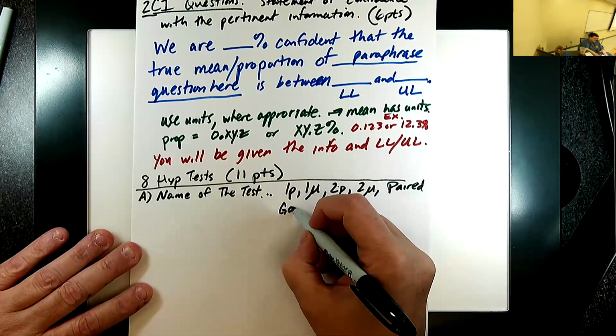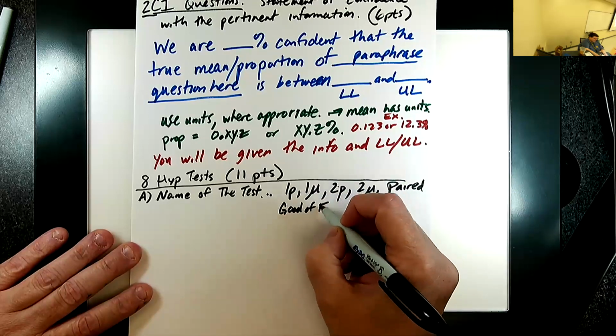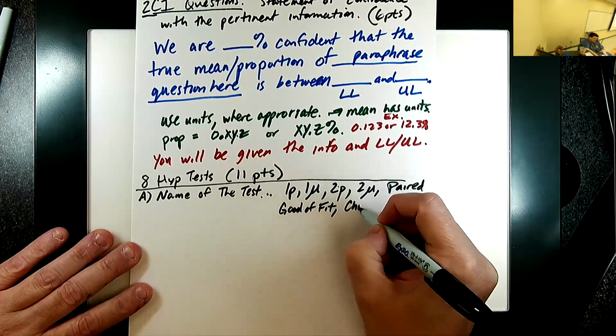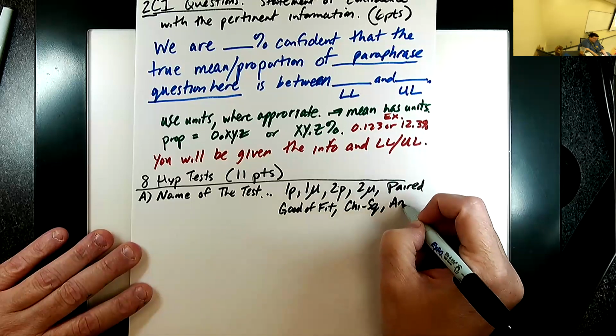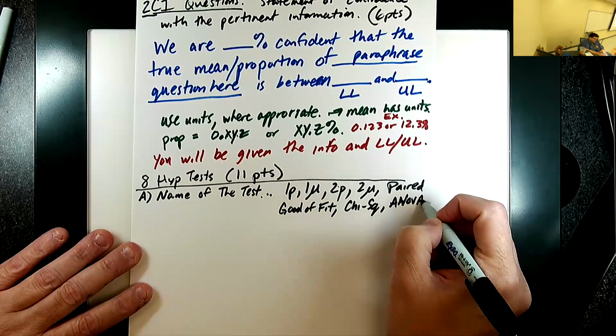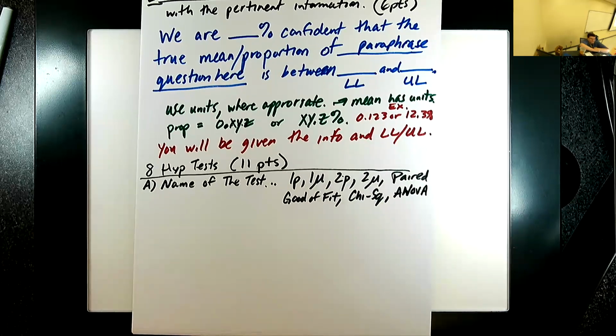Is it a goodness of fit? Chi-square, or an ANOVA. Those are the 8 different hypothesis tests we've done, or you will have done by the time you do all your homework.